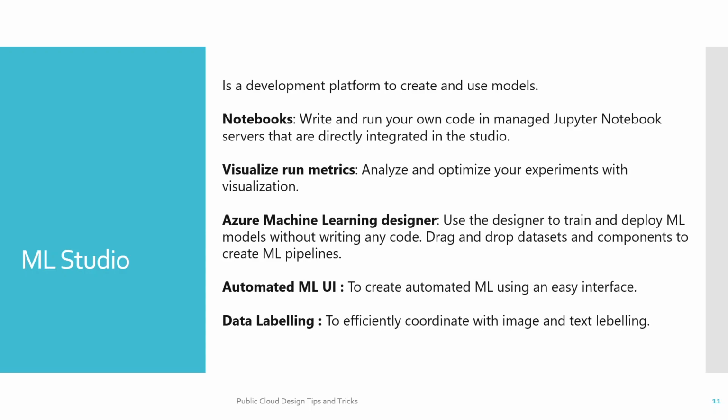Automated ML is just to speed up your ML journey by creating automated ML using different interfaces. Data labeling helps efficiently coordinate image and text labeling. So these are the ML Studio features in a nutshell.